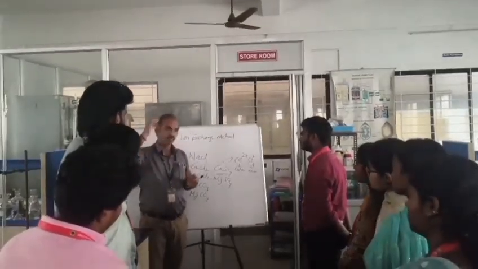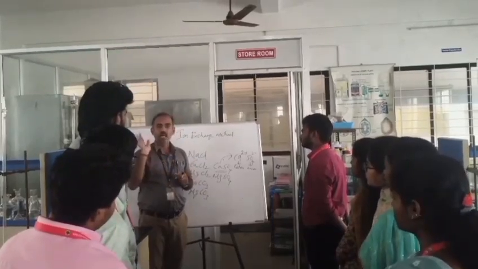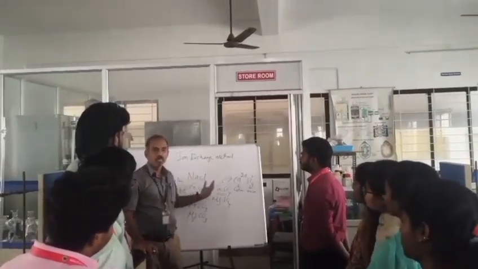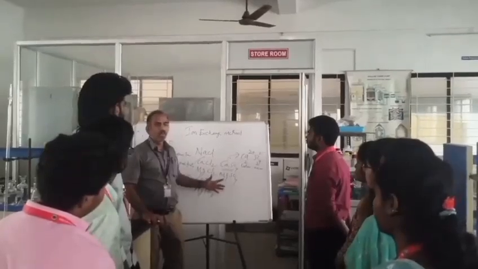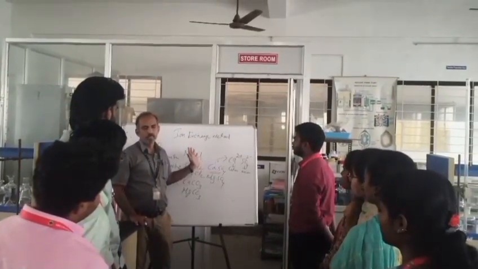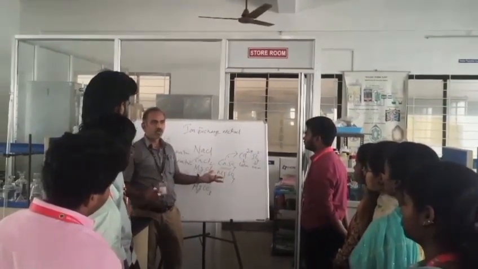It's floating on the surface. Okay, but we can't remove the salts. Only this kind of method can remove salts. This is one of the simple and inexpensive methods to convert impure water to purified water. Okay, any doubts?